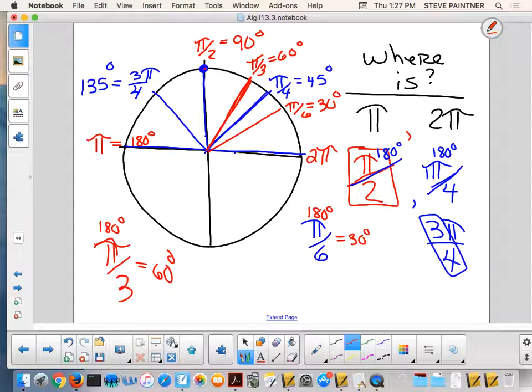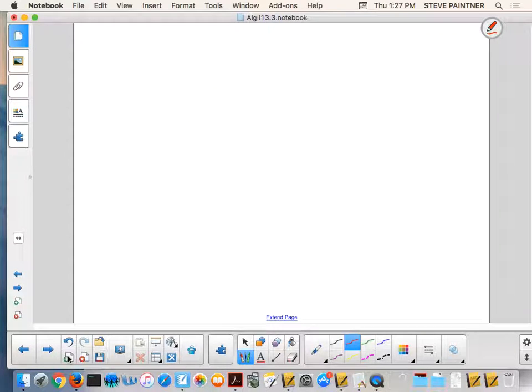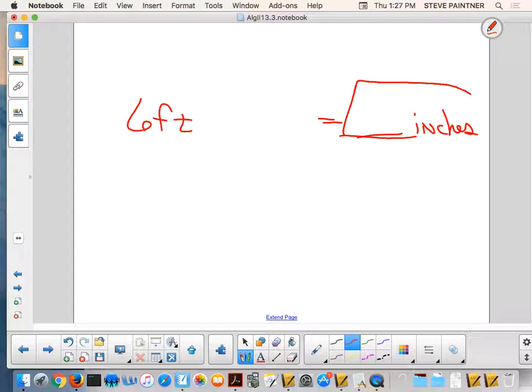Okay. Now, you've got to convert back and forth. Now, since we're so new at this, there's a way to do it. I'm not going to show you radians and degrees. I'm going to show you something even easier. If I said turn 6 feet into inches, how many?